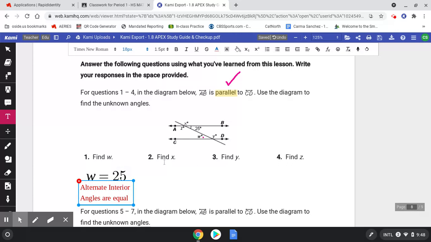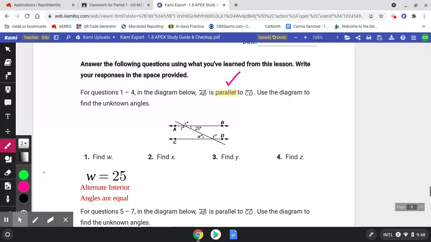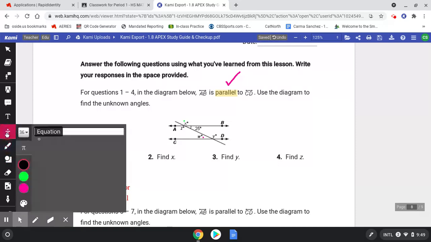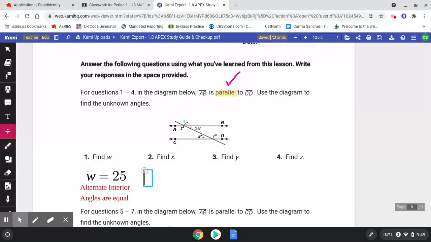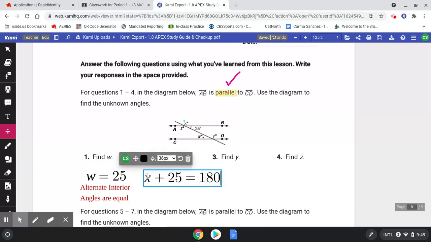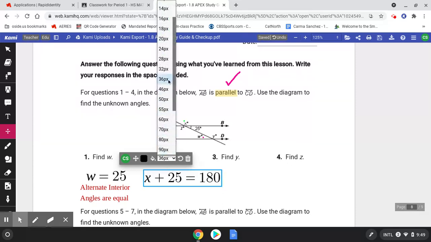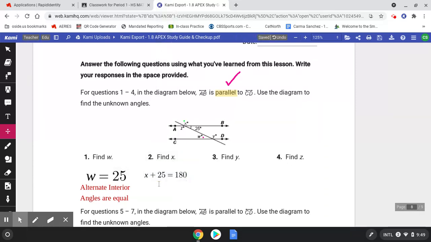Okay, let's go do the next one, find X. So this time I'm looking right here at this angle up here. And we notice that X and 25, those two angles are on the same line and they form a linear pair. So I'm going to say that X plus 25 equals 180. And then we can solve that equation. So now we're going to minus 25 from both sides.